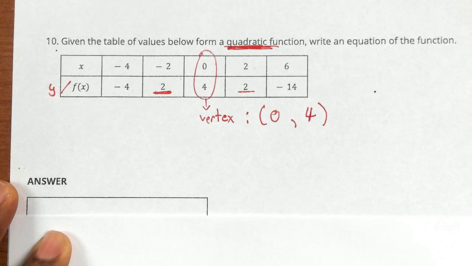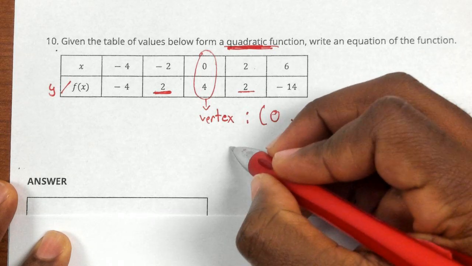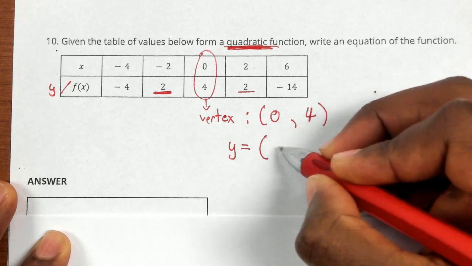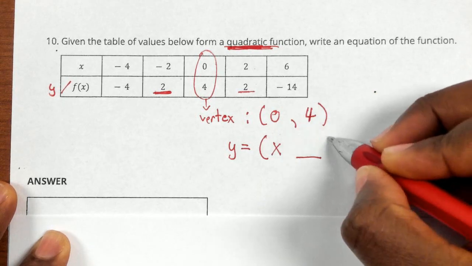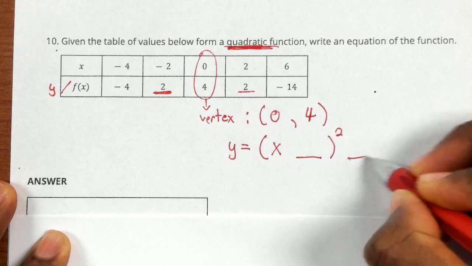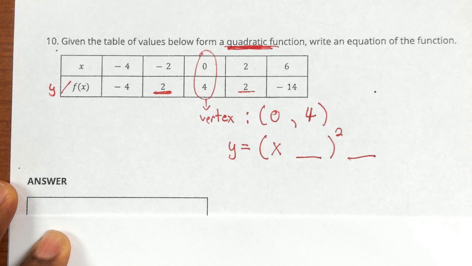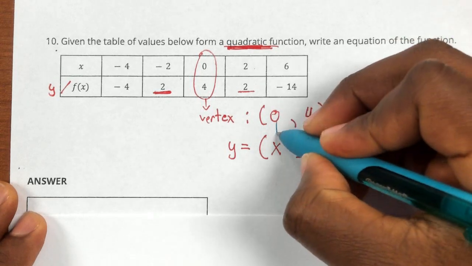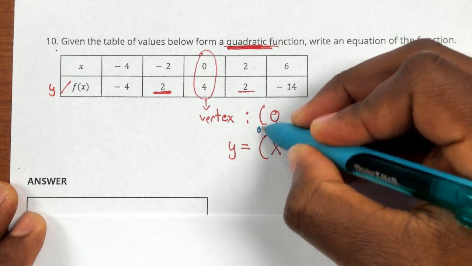Using that, I'm going to now formulate vertex form. Vertex form will look like this: y equals parentheses x, some number, parentheses squared, some number on the outside. And you guys should remember that whenever we're formulating vertex form, we always do the opposite of my x value.